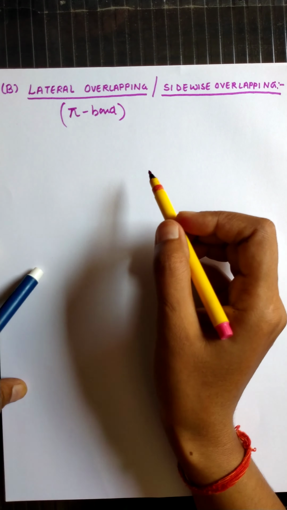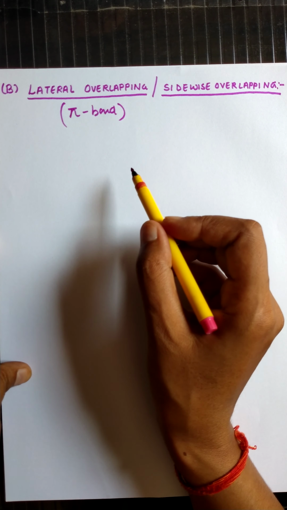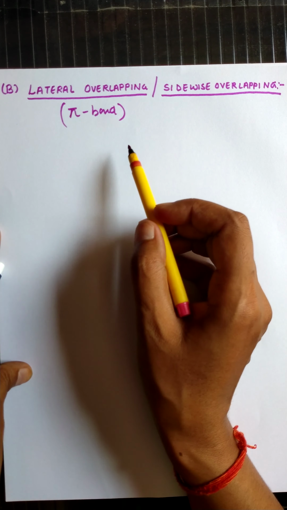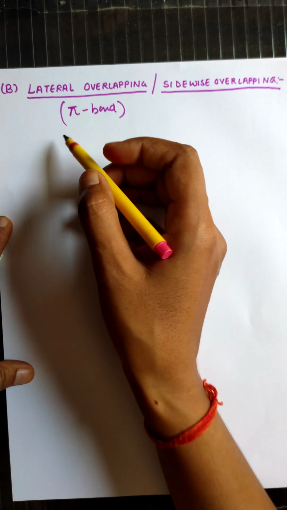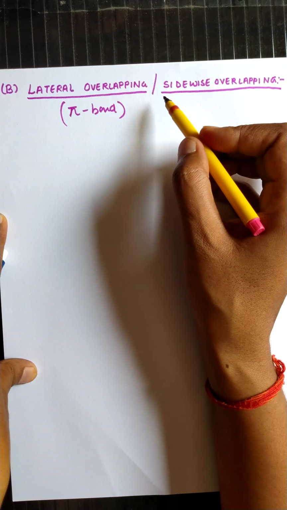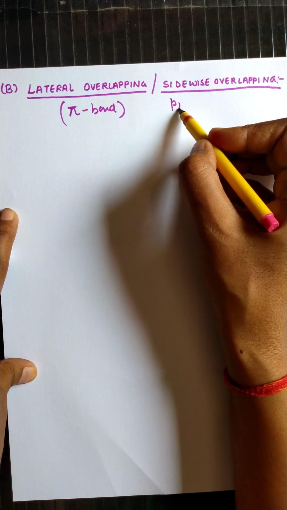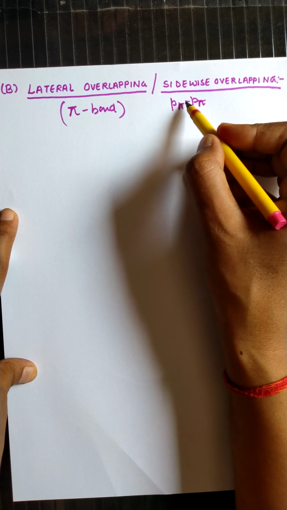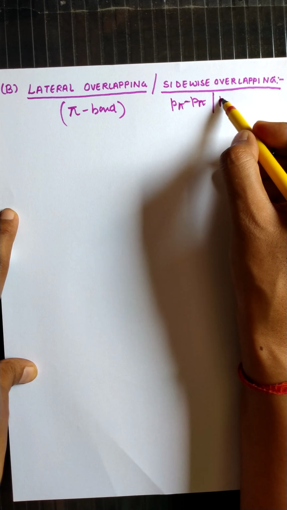Head-on overlapping is more as compared to sidewise overlapping, that's why the pi bond is weaker as compared to the sigma bond. So how does sidewise overlapping take place? There are different types of overlapping, like p pi p pi overlapping, p pi d pi overlapping, and d pi d pi overlapping.